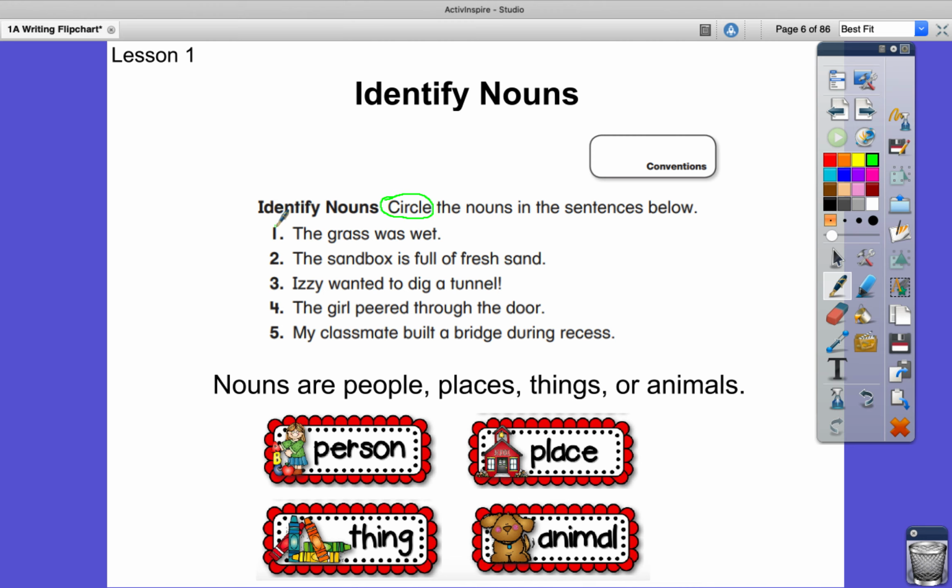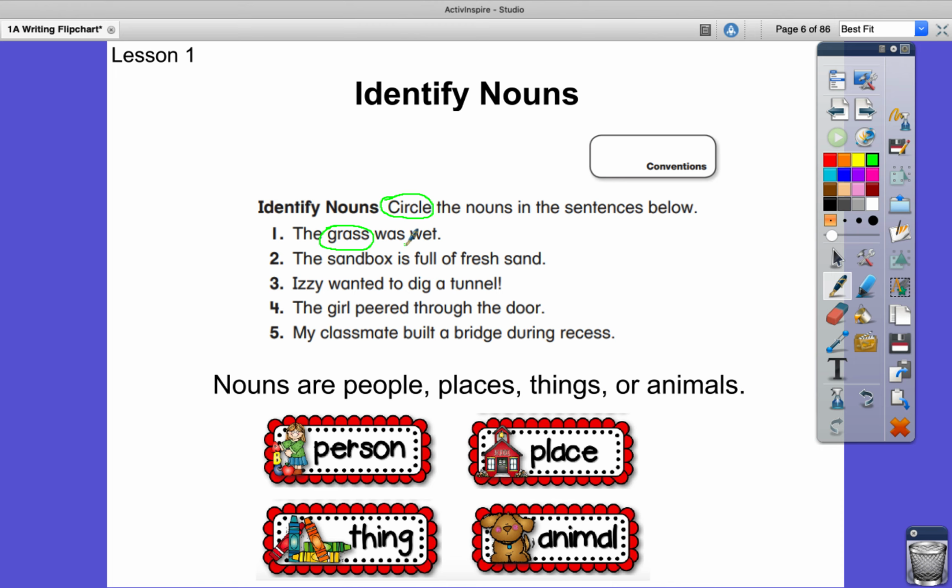Number 1 says, the grass was wet. So I need to ask myself, do I have a person, place, thing, or animal in this sentence? Looks like grass is a thing, so I'm going to circle it. Okay? And now wet is not a noun. This is an adjective that describes the noun, but we'll get to adjectives later.